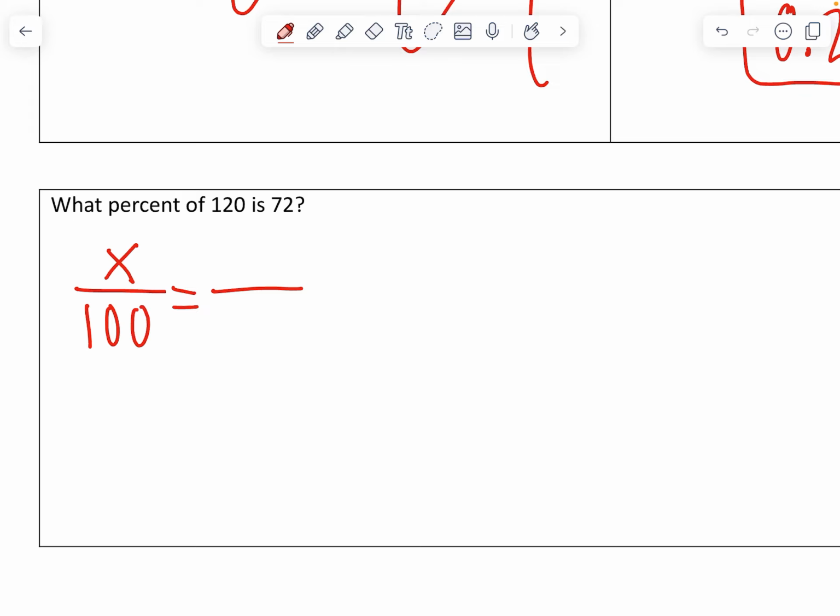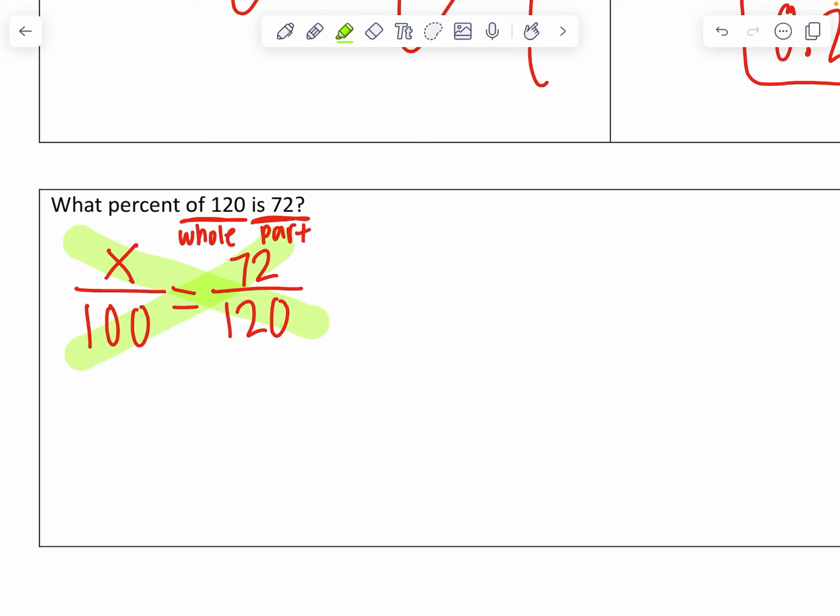So then I have to decide which one of these numbers is my part or my whole. Okay? My hint for today, on your homework, the bigger number is always the whole. So the bigger number is always going to go on the bottom in the denominator. Okay? But you can see up here on these that says of 120. So of is the whole. And is 72 is the part. So 72 is my part and 120 is the whole.